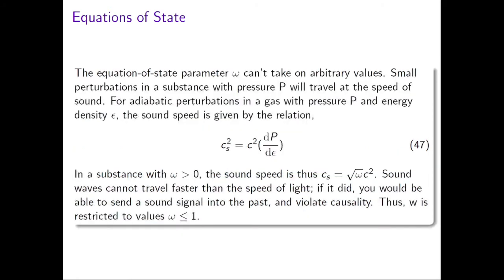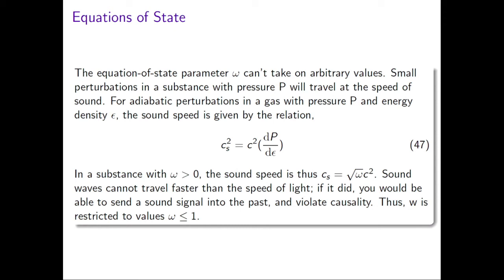And so the equation of state parameter omega can't take on any arbitrary values. Small perturbations in the substance with pressure P will travel at the speed of sound. Small variations or disturbances in the system will carry out in the form of pressure with the speed of sound.